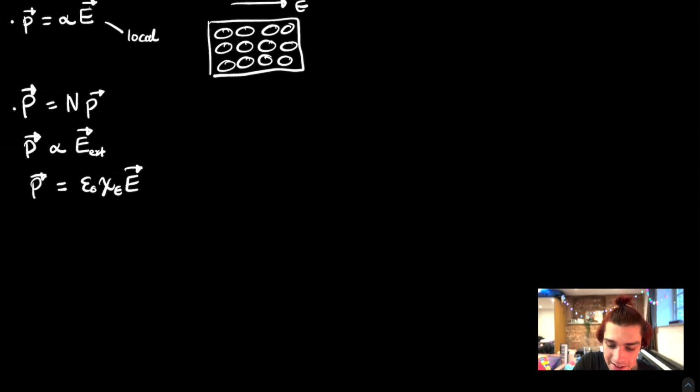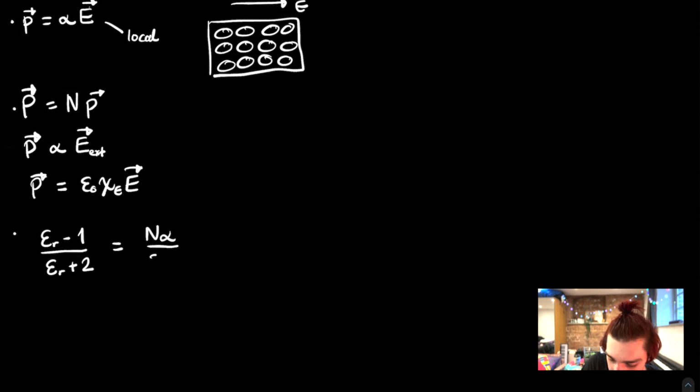And in order to relate the polarizability, which is of course on a microscopic scale, to the electric susceptibility and also relative permittivity, we derived the Clausius-Mossotti relationship, which basically said that (epsilon r minus 1) divided by (epsilon r plus 2) is equal to N alpha divided by 3 epsilon 0 right here.